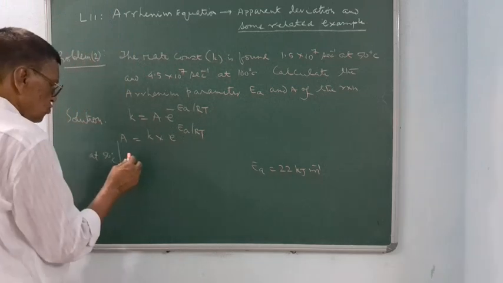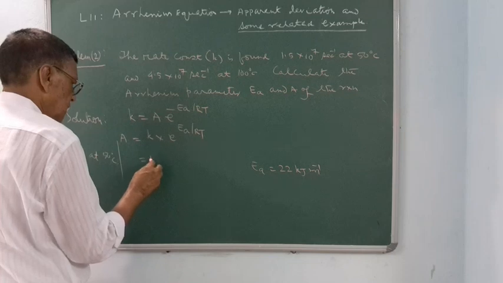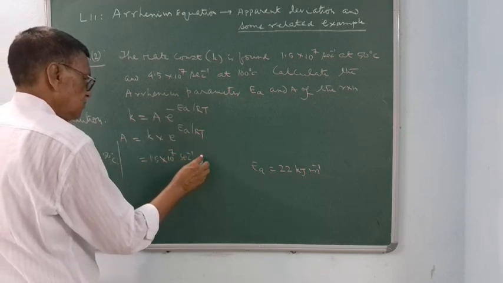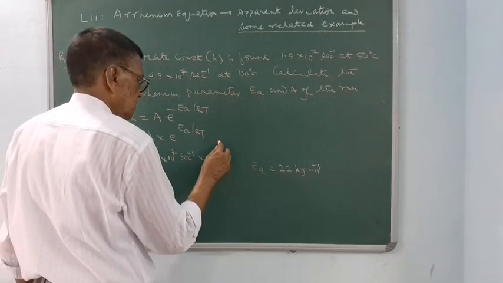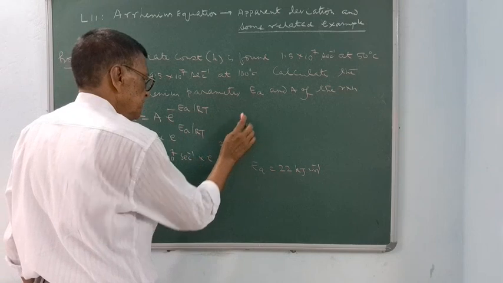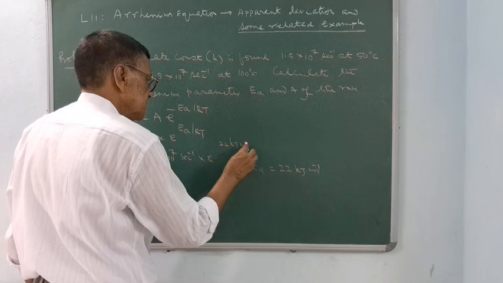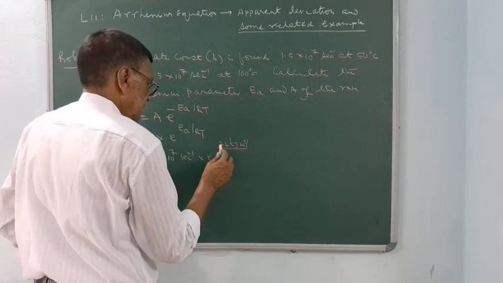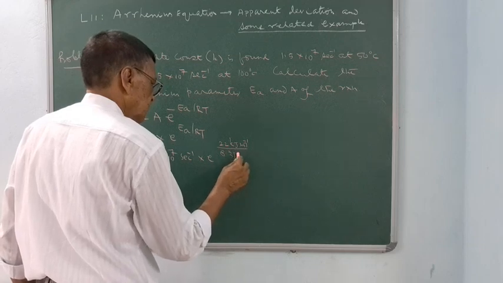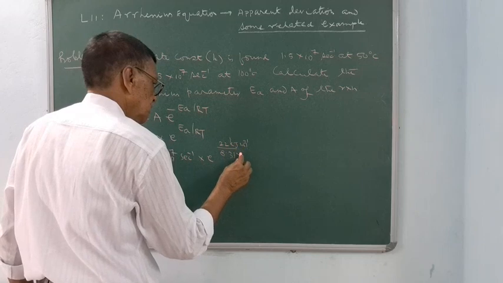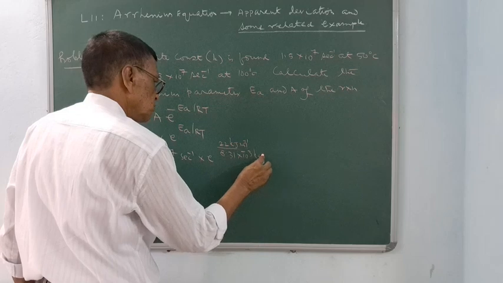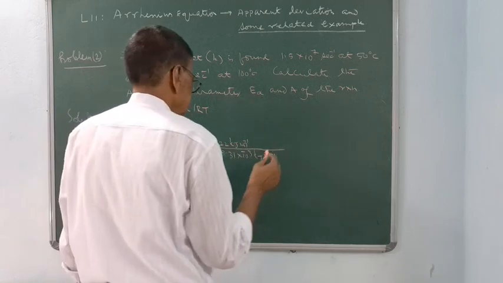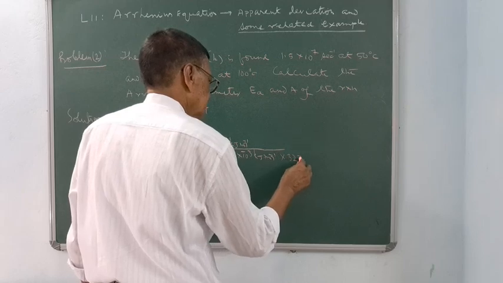So A equals 1.5 into 10 to the power 7 second inverse into e to the power activation energy 22 kilojoule mole inverse divided by R, 8.31 into 10 to the power minus 3 kilojoule mole inverse Kelvin inverse, and temperature 323 Kelvin.